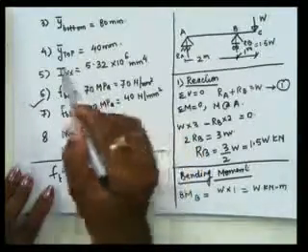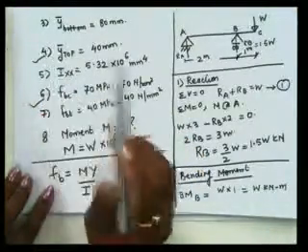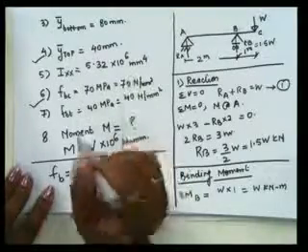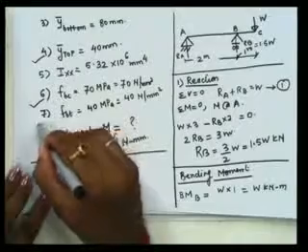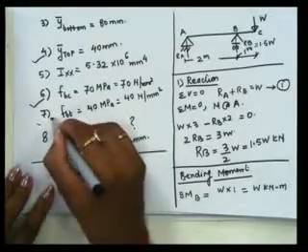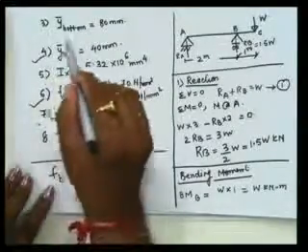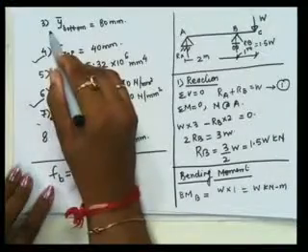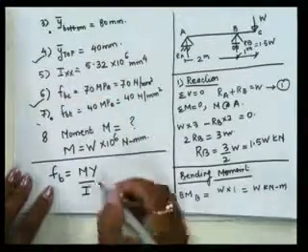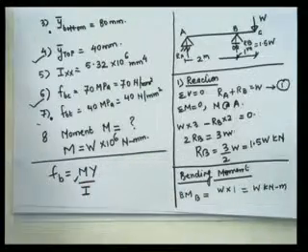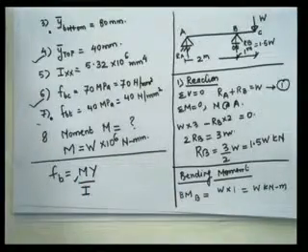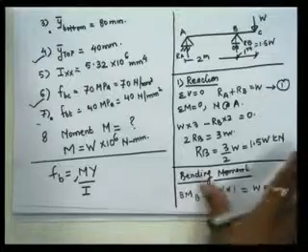Compression will be at top. So I have to take Y top. What is FBT? 40 megapascal. So when I take this, I have to take Y at bottom. And get the value of MR.